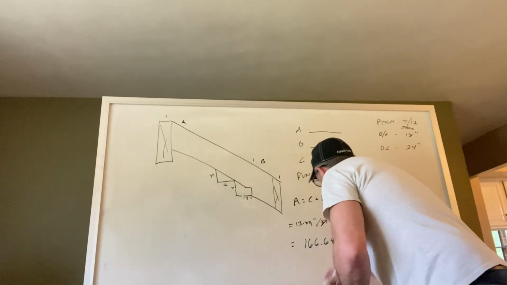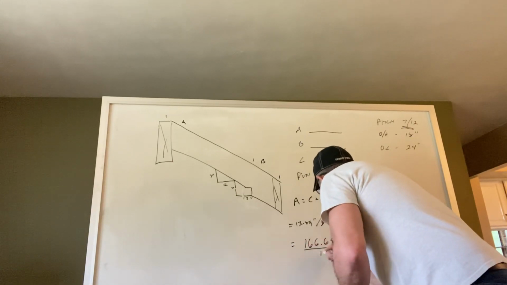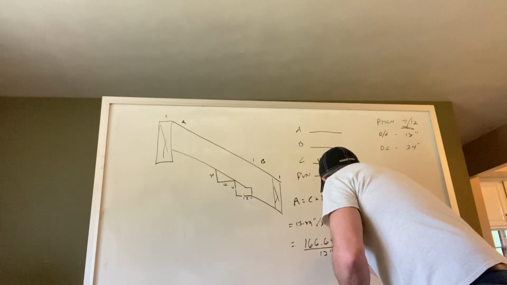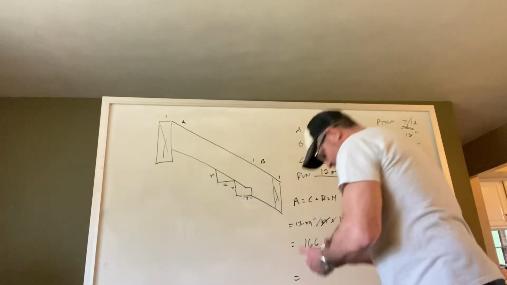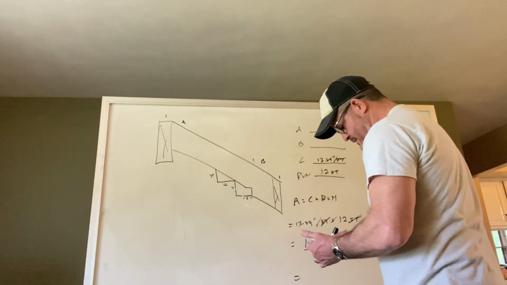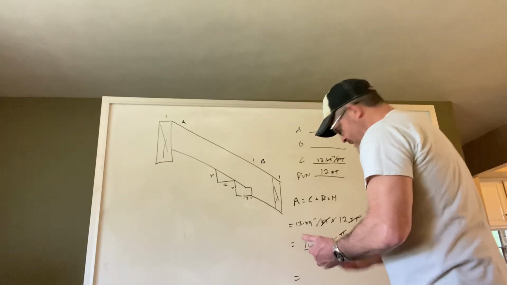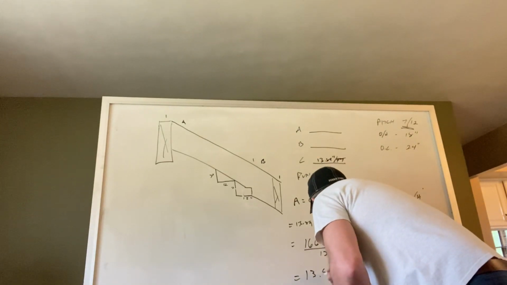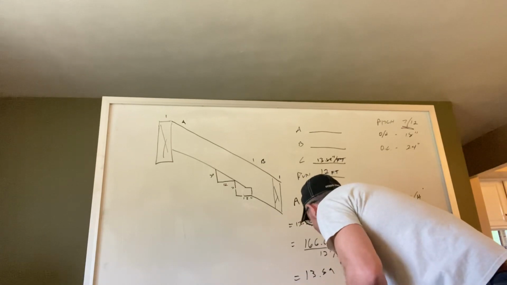166.68 inches. So I have to divide that by 12 inches per foot to get it into feet and inches. So I divide that by 12. I get 13.89 again. Of course I do, any of you who are really getting the math.